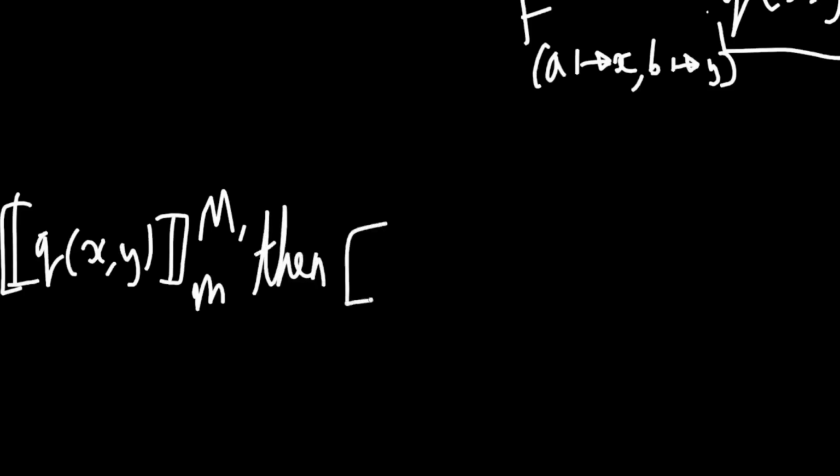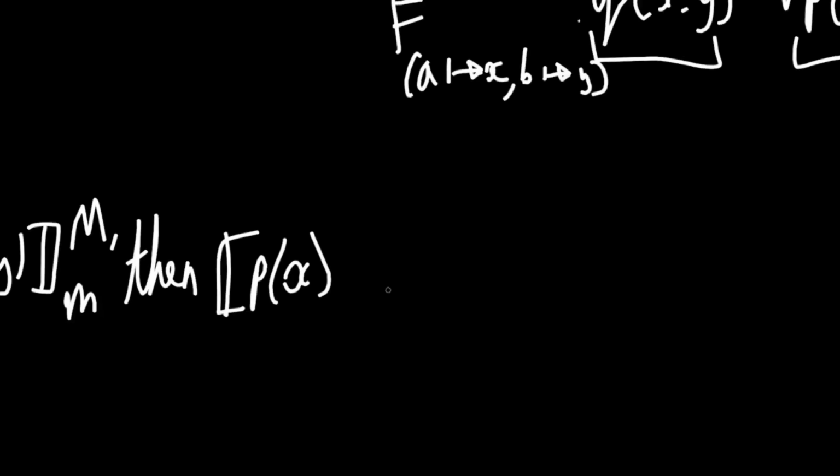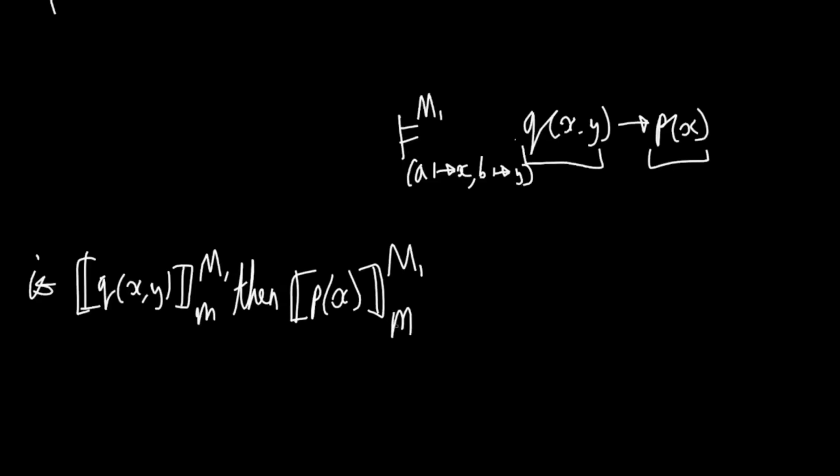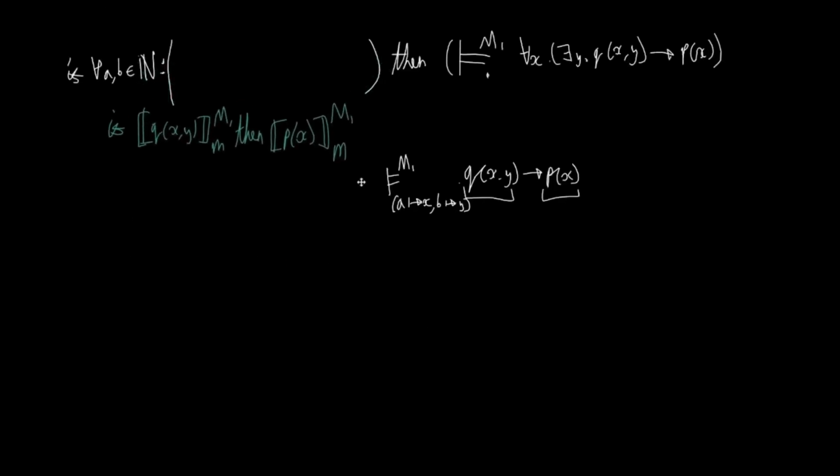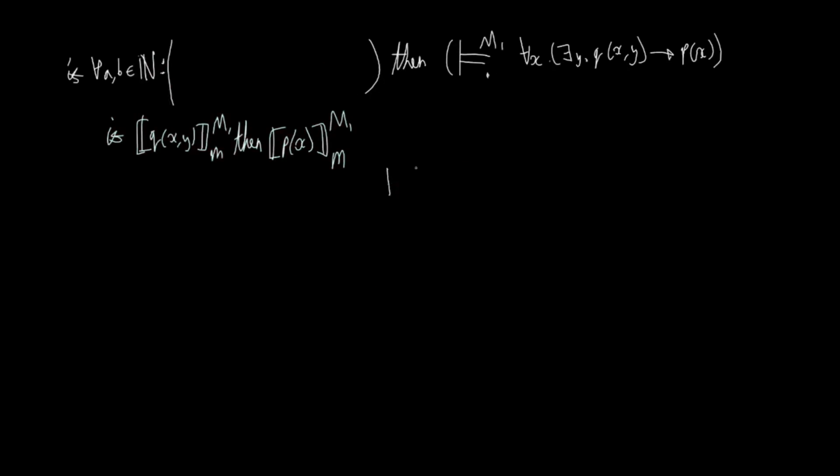Then the double square brackets of p of x parameterized with the same parameters. And we can just put that back in here.